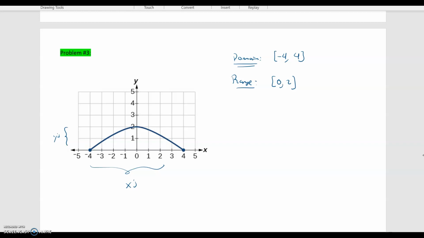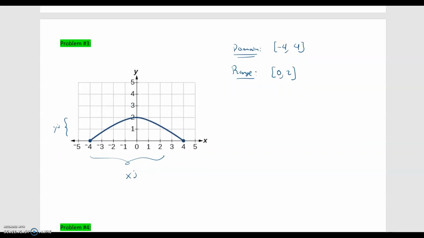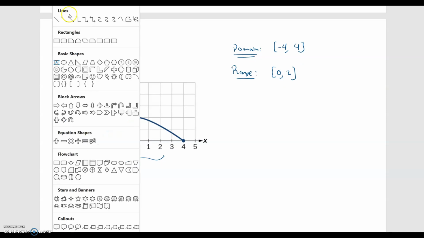And let me include the horizontal line for the horizontal line test. And this one is going to fail, but let me first insert the line.